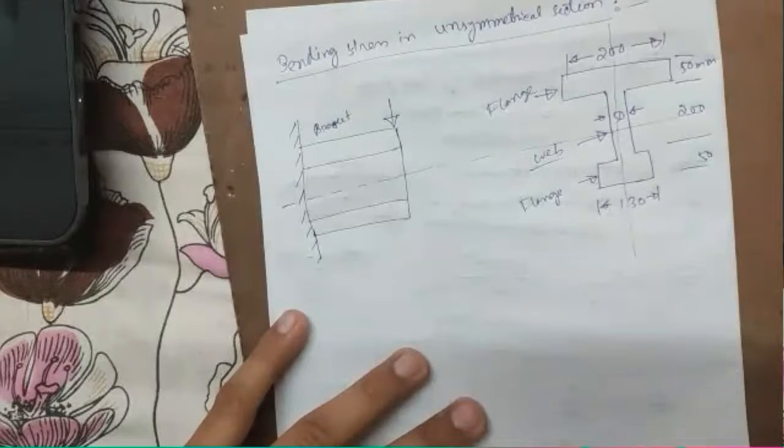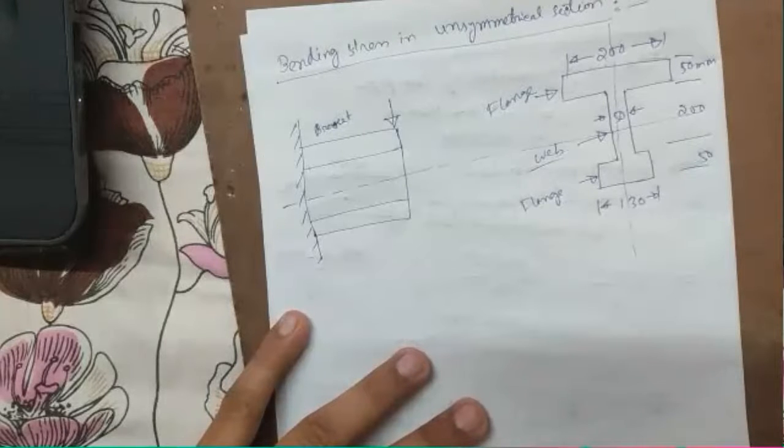A cast iron bracket subjected to bending has the cross section of I form with unequal flanges. The dimensions of the section are shown in the figure. Find the position of the neutral axis and the moment of inertia of the section about the neutral axis. That is the first problem.